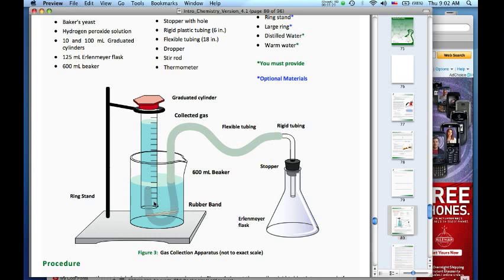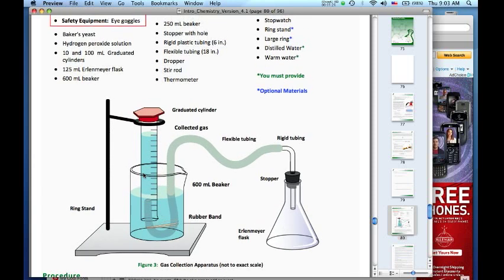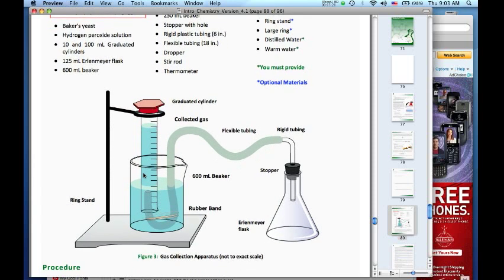And you fill this thing up with water, and it says use distilled water, but I mean, come on, you can use tap water, it's fine. And then you invert it, and you're going to get a little bit of a bubble. Try to avoid the bubble, but you're going to get it. And that's your initial volume.